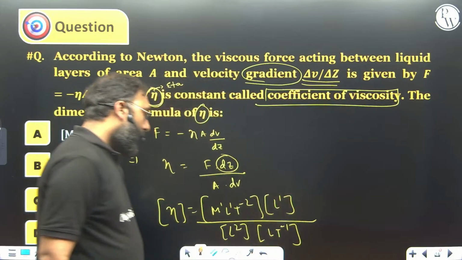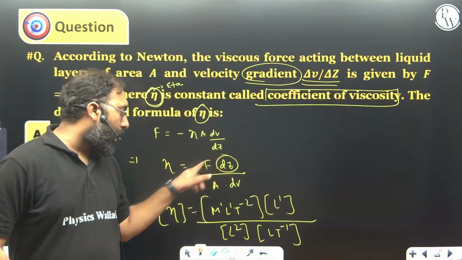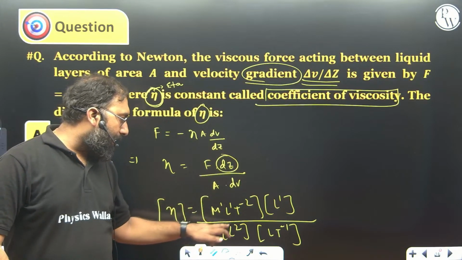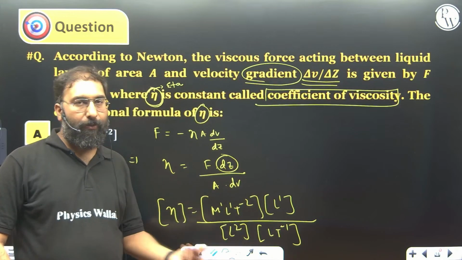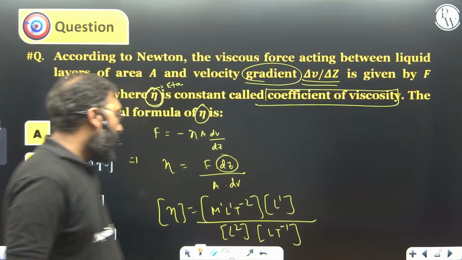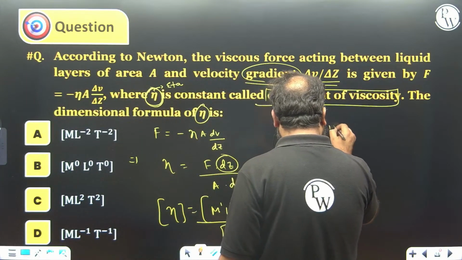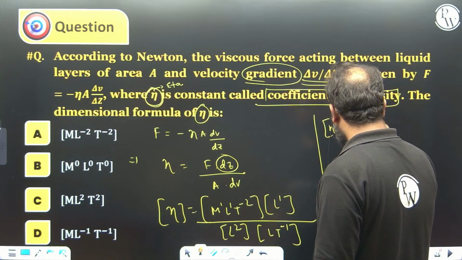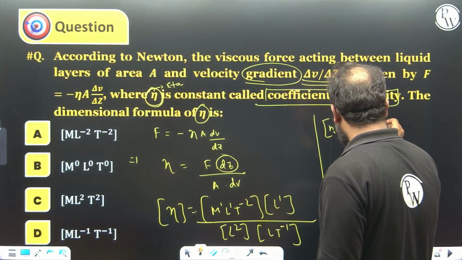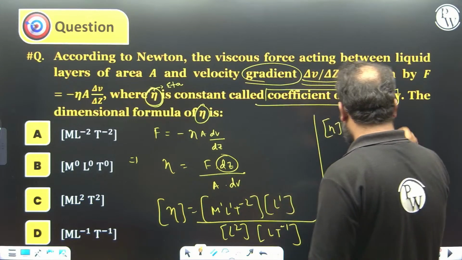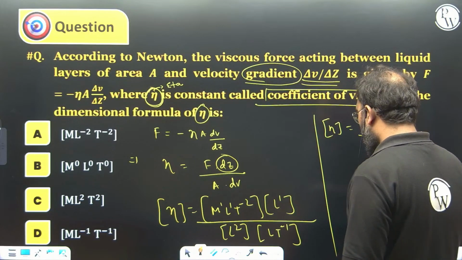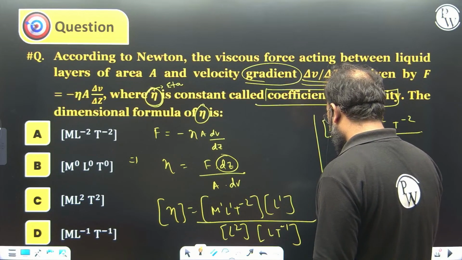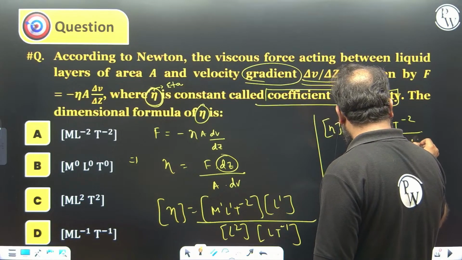I have written the dimensions of all these quantities: force, dz is length, area is length square, and dv is velocity, LT minus 1. Just simplifying this, I'll get the final answer. So this is M1 L2 T minus 2 upon L2 into L into T minus 1.